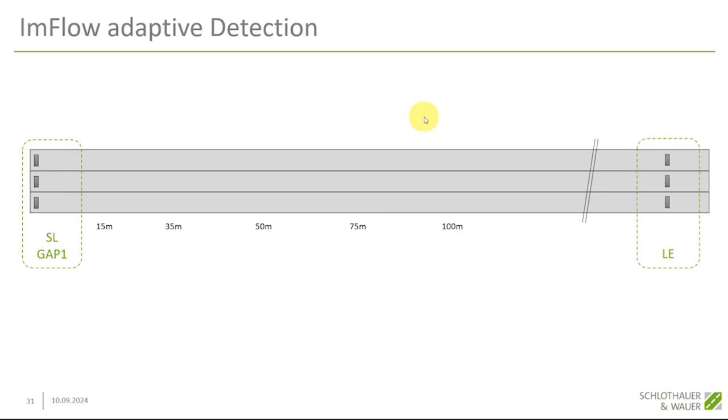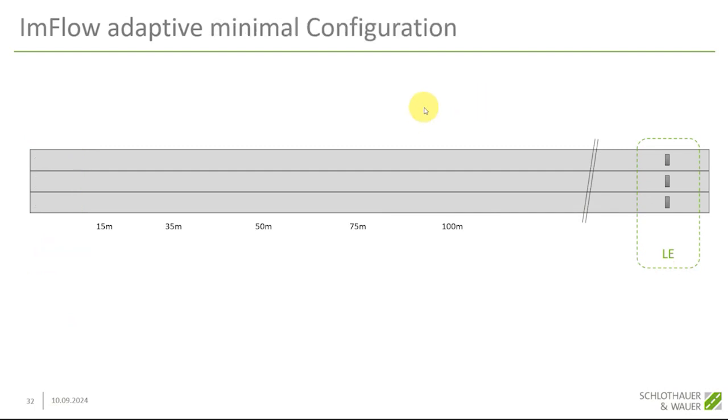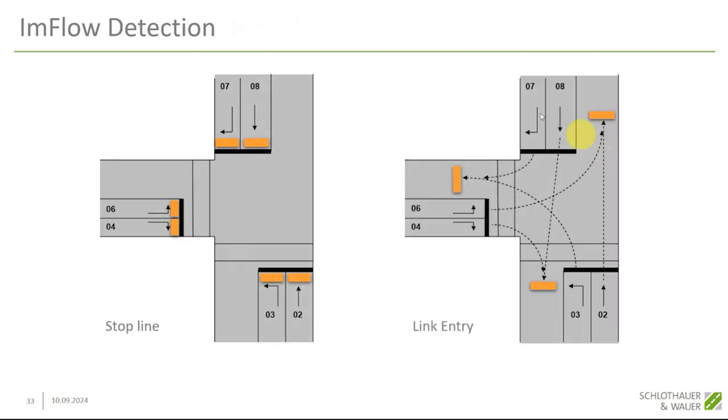And to look at the minimal configuration for ImFlow Adaptive, the minimal requirement is that you have link entry detectors. Depending on the situation, when you compare these two configurations of this intersection, you will see that you could probably define these link entry detectors as virtual detectors that are somehow comprised of the flows that we measure on the stop line detector.